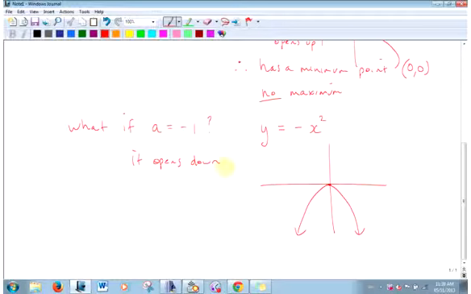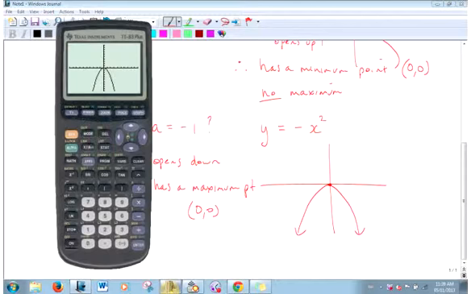And if you want to plot the points and look and see, well, you can, right? You know how to do that. Does it have a maximum or a minimum? It has a maximum point right there. Same coordinates as the last one. It doesn't get any higher than that.